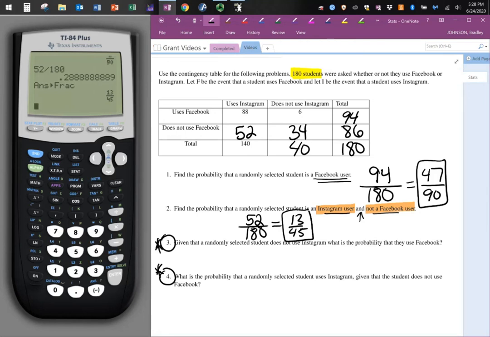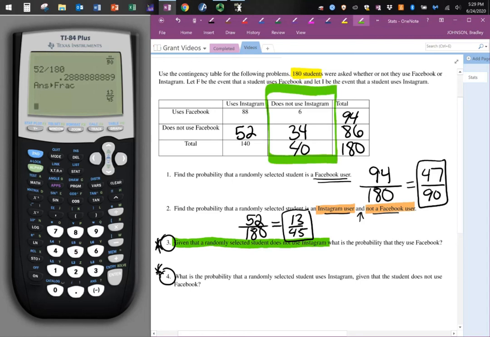So read number 3. Given that a randomly selected student does not use Instagram, what is the probability that they use Facebook? We're given that they do not use Instagram, so we look at only those not using Instagram. You only look at those values now. Everything else, ignore. Then we have to look at the probability they use Facebook.